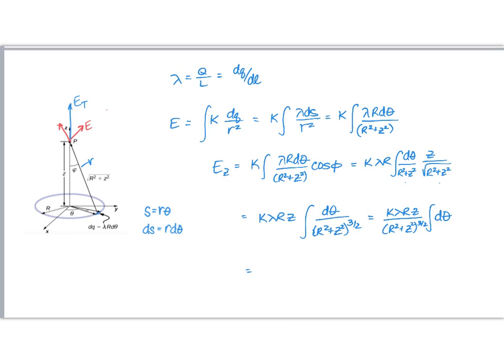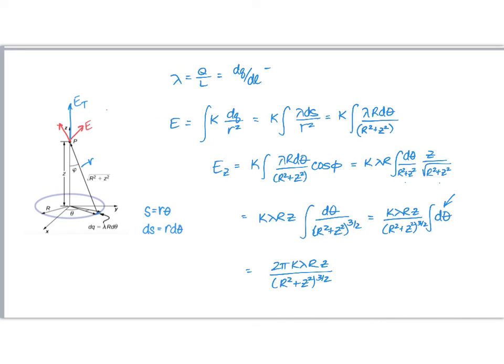And so we're going to get 2 pi times k lambda R z over R squared plus z squared to the 3/2. Now, the 2 pi came when I integrated the d theta around the entire circle. So the angle around the whole circle is 2 pi.